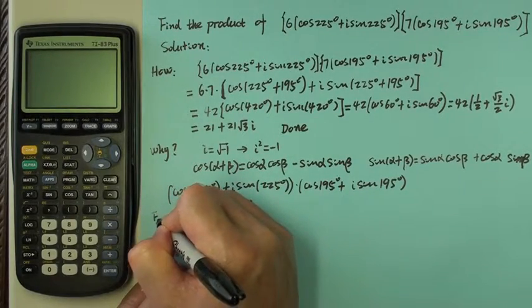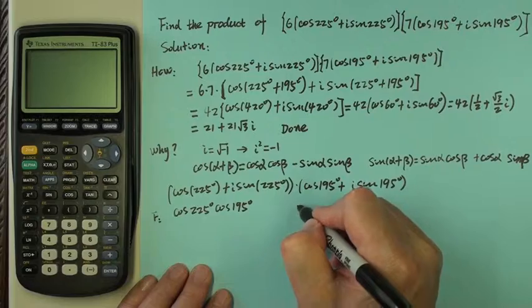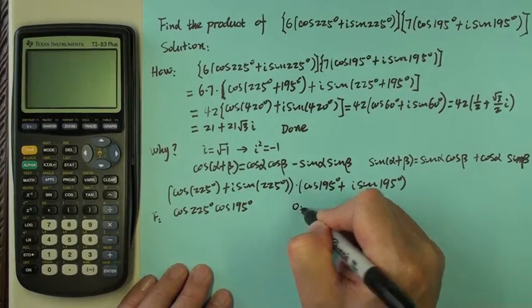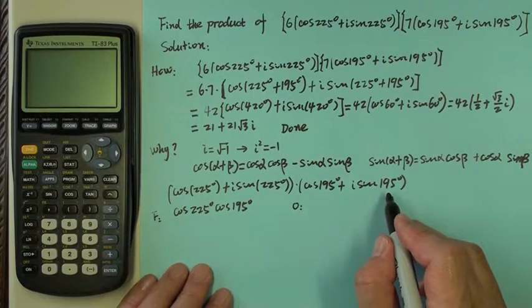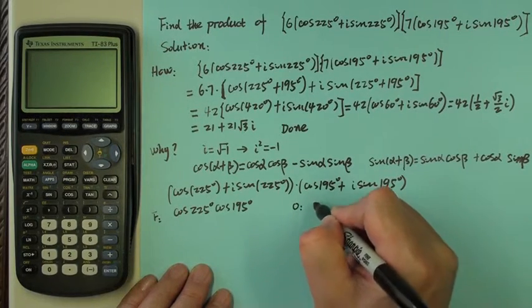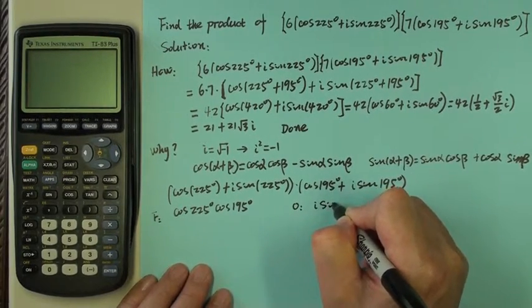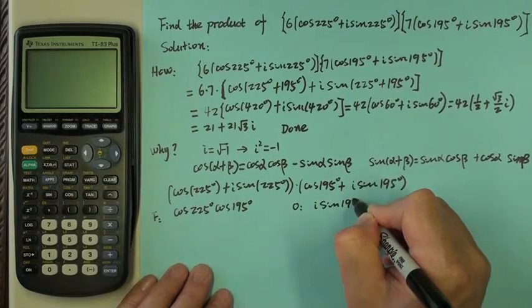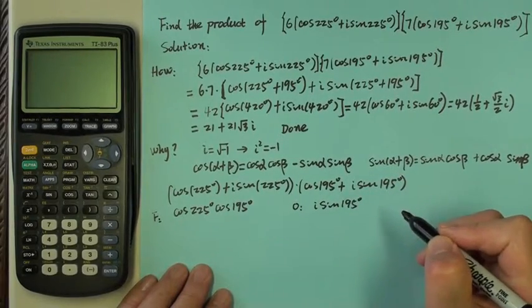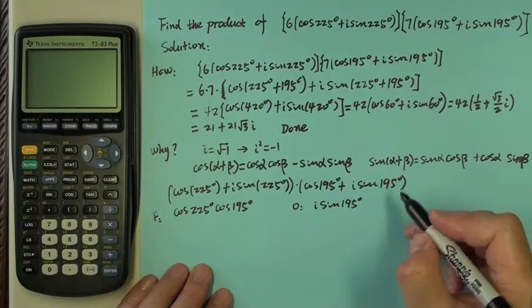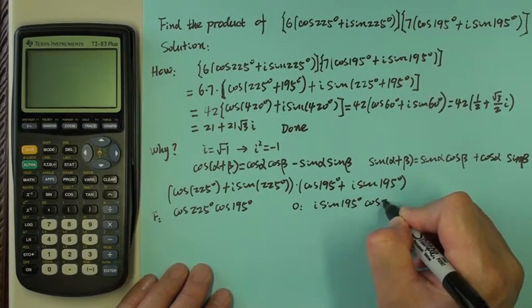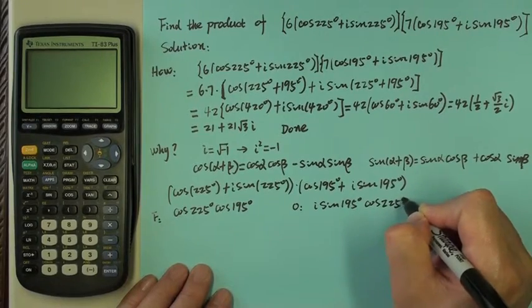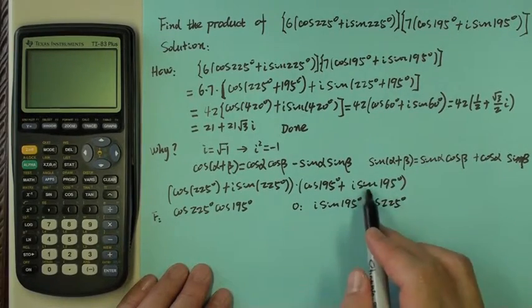Let me put F here for the first product. Outer product: you do cosine 225 degrees times i sine 195 degrees. This quantity times that.